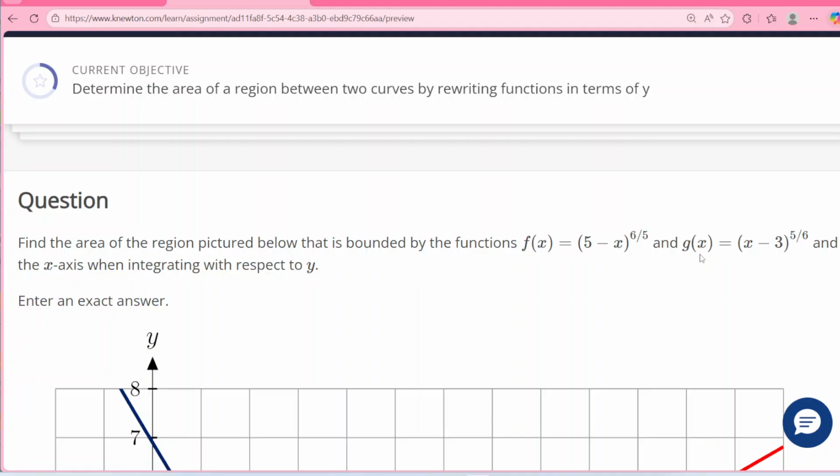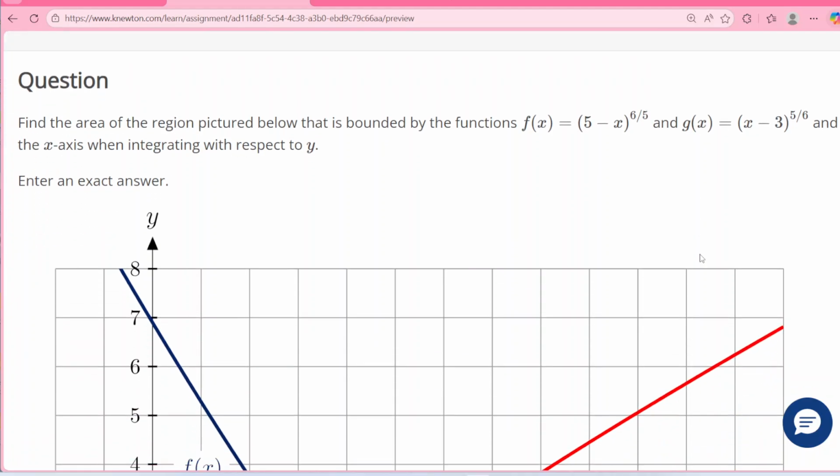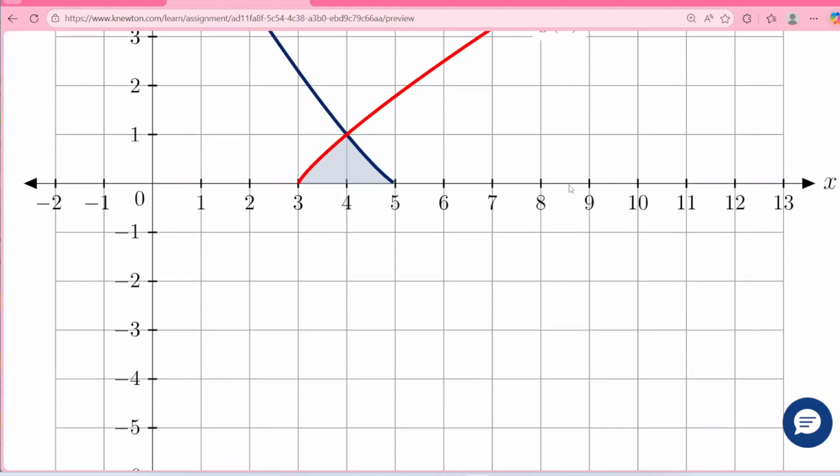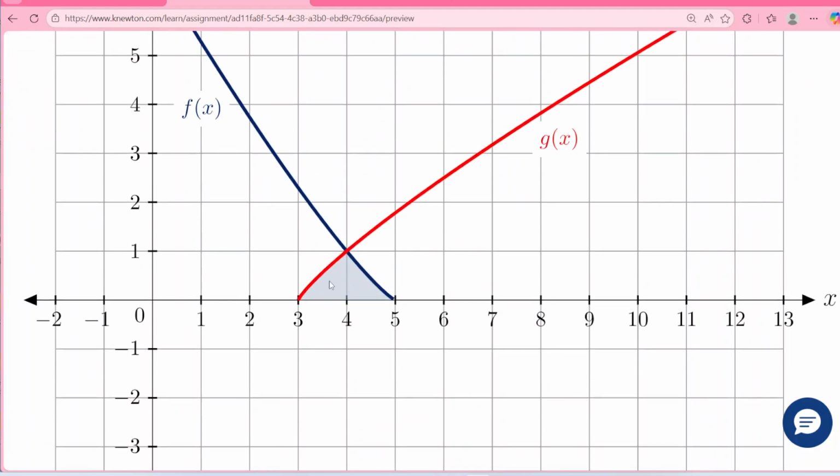All right, then I find the area of the region again, right? Now this is another one where they give us the functions in terms of x. We have to solve for x, get x in terms of y. And you see, if I was doing the integral with respect to x, I'd have to go from 3 to 4, and then change it, and then go from 4 to 5, because the curve on top changes.